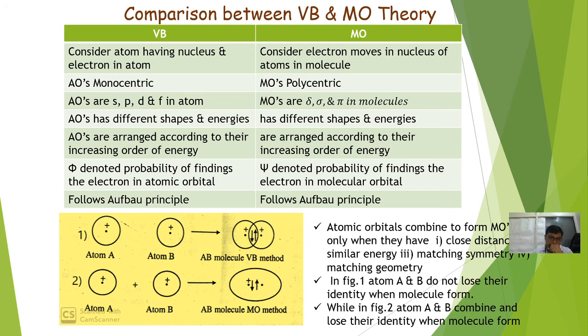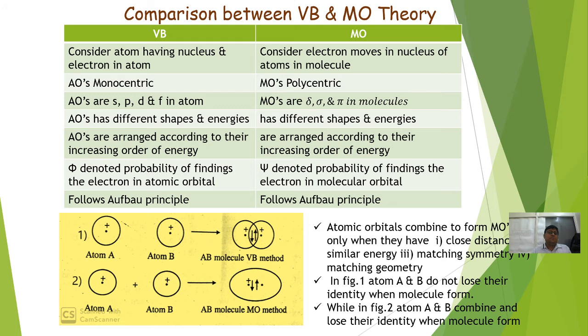But the molecular orbitals also have different shapes and energies. Atomic and molecular orbitals are arranged according to their increasing order of energy. In both cases, the energy concept is the same.